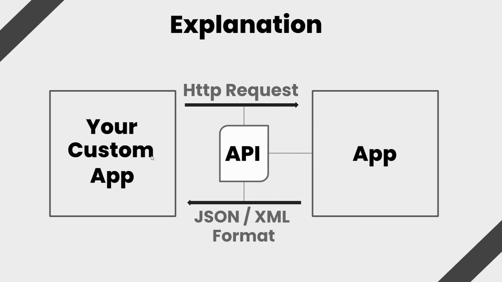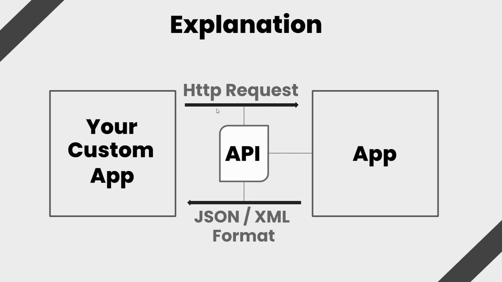So in order for us to make use of this Google Map, all I will need to do is send what is called an HTTP request. If you look at this diagram, you can see we have an HTTP request with this arrow, which is going directly towards the Google Map.